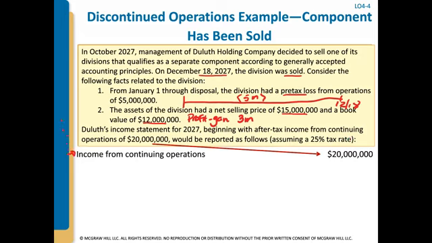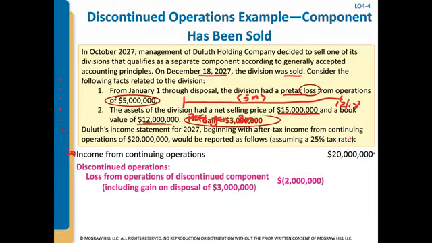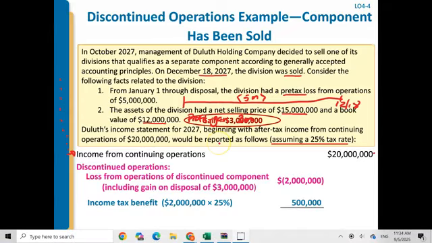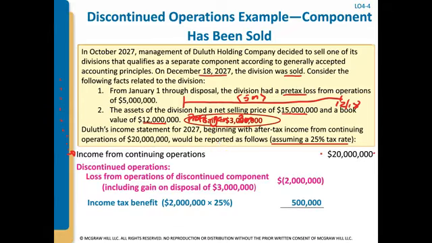Everything above is the revenue and expenses from continuing operations, and our income from continuing operations is $20 million, after tax. So we had income from continuing operations before tax, we had income tax expense, and we got to the net of $20 million. That's all from continuing operations.